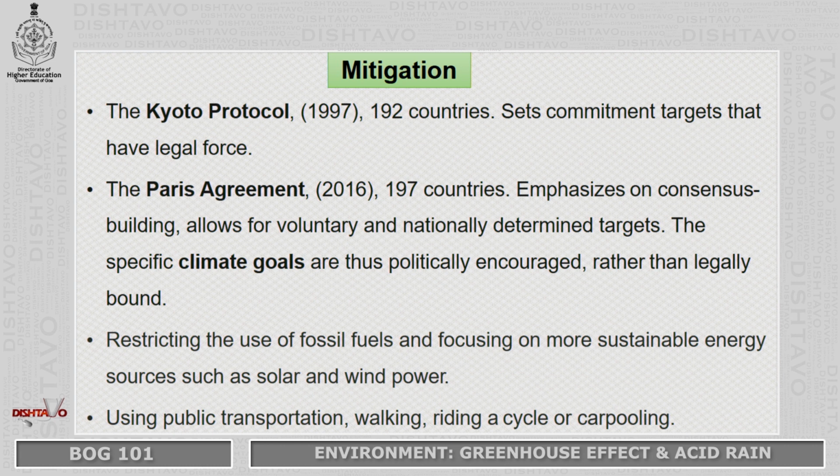Till then, my dear friends, what we need to do is restrict the use of fossil fuels, because burning fossil fuels is the greatest source of releasing sulfur oxides and nitrous oxides, and creating this acid rain. So what we need to do is focus more on sustainable energy resources.